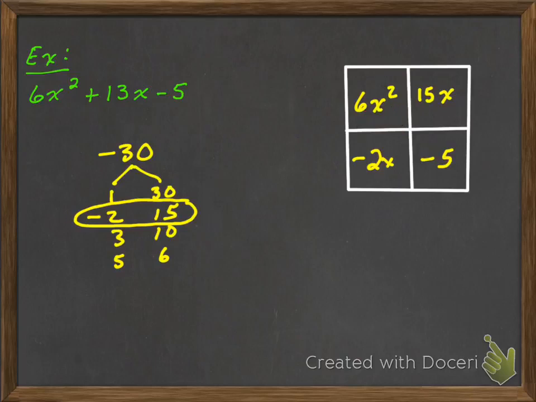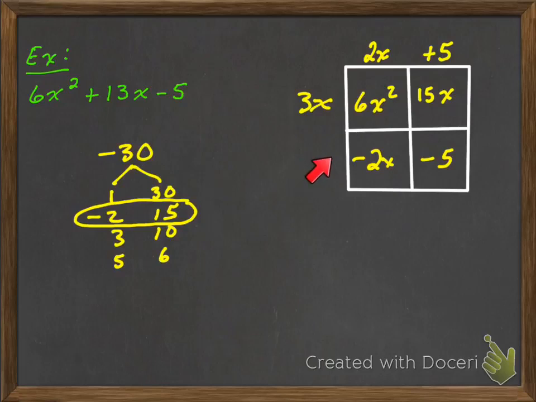So your next step is to find a GCF in the top row. That GCF is going to be 3x. Now it's a multiplication table. 3x multiplied by what will give us 6x squared. That will be 2x. 3x multiplied by what will give us 15x. And that will be plus 5.